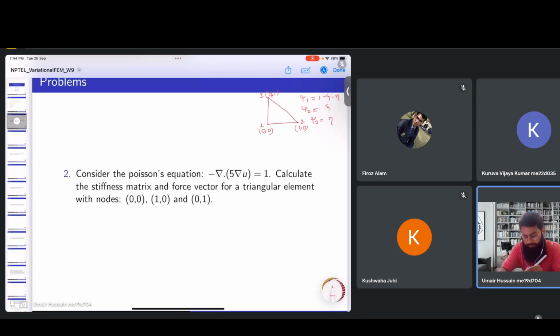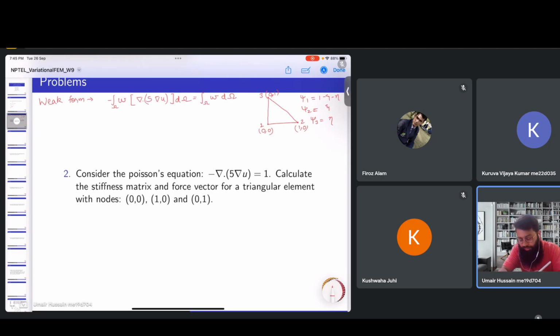Write the weak form. Yes, exactly. Then we perform integration by parts, as we used to do in 1D.